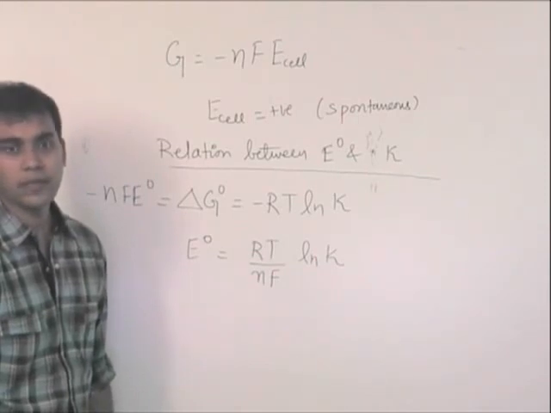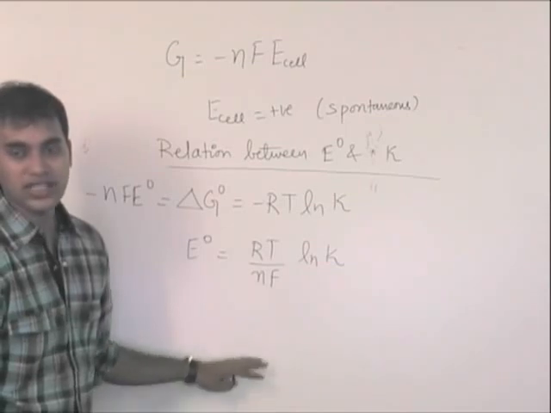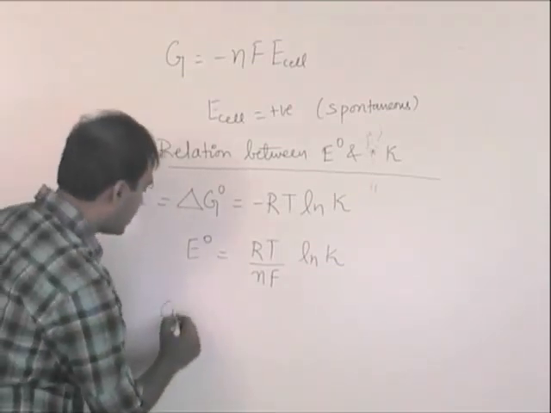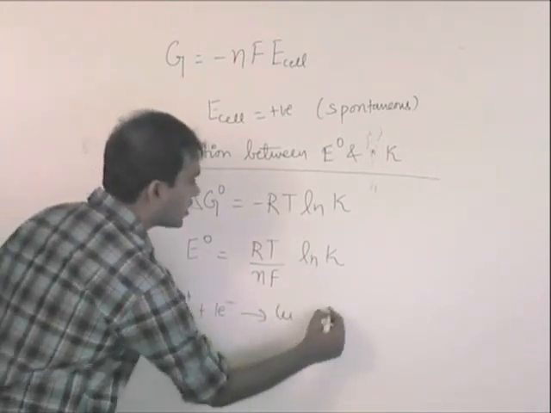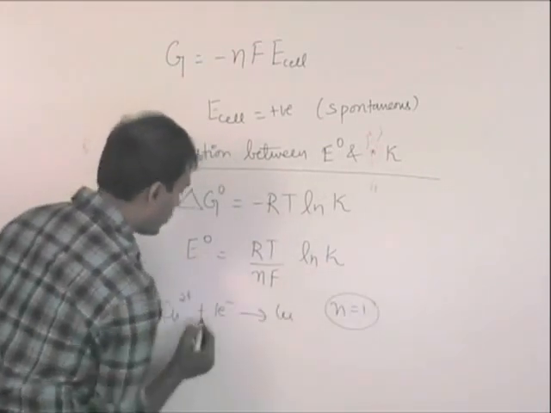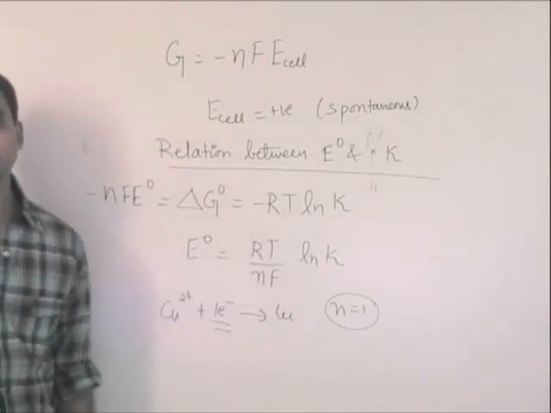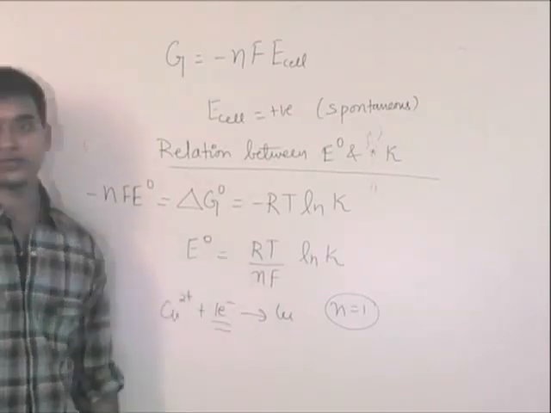What is n? n is the number of electrons. For example, if I write Cu2 plus plus 1 electron gives Cu, then in this case n equals 1 because the number of electrons transferred is 1. Simple enough? Clear? Just copy it down.